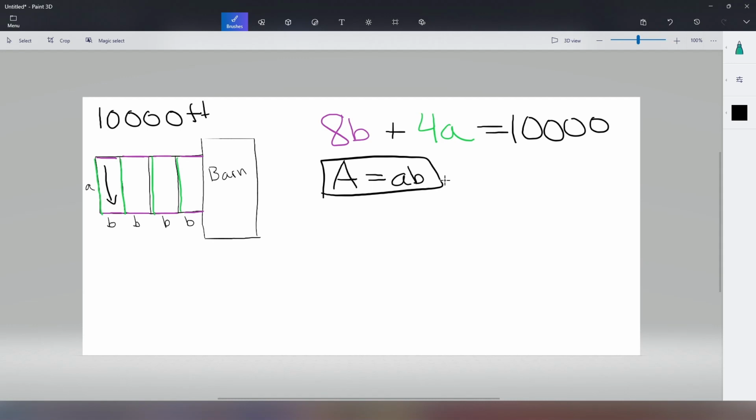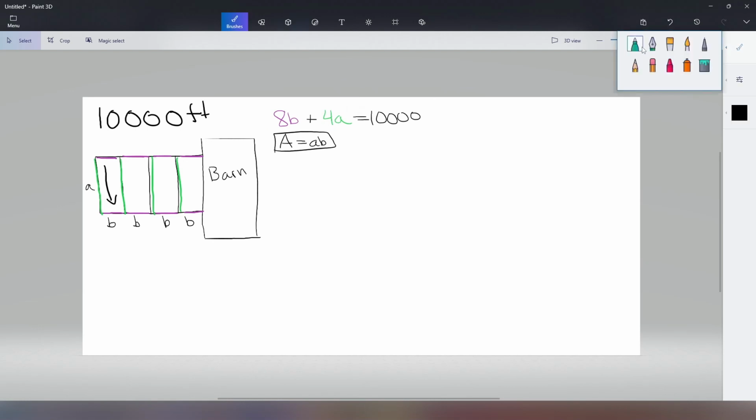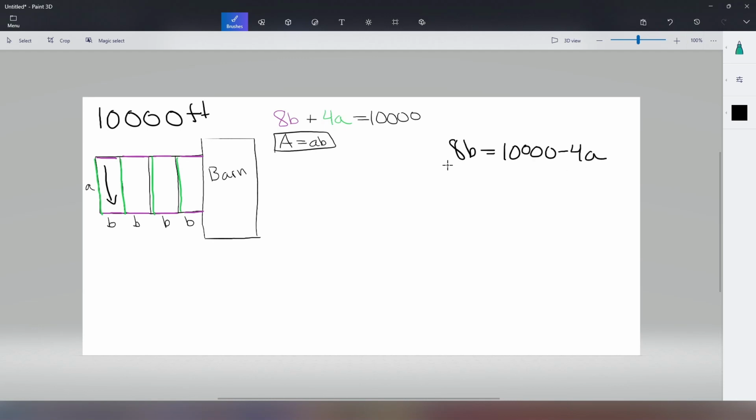So the first thing we want to do is get this function in terms of a singular variable. So I'm going to solve the first equation so I can get one singular variable. Here I'm just going to do 8B equals 10,000 minus 4A. Then I'm going to divide each side by 8.